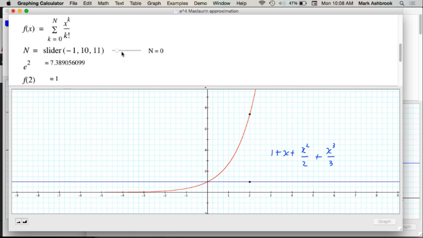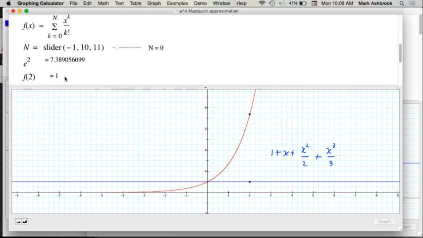This point on the red graph displays the exact value of e squared, the y coordinate of that. And for our first term, it gives us e squared as 1. So this f of 2 is showing what the current Taylor polynomial gives us as an approximation for e squared.